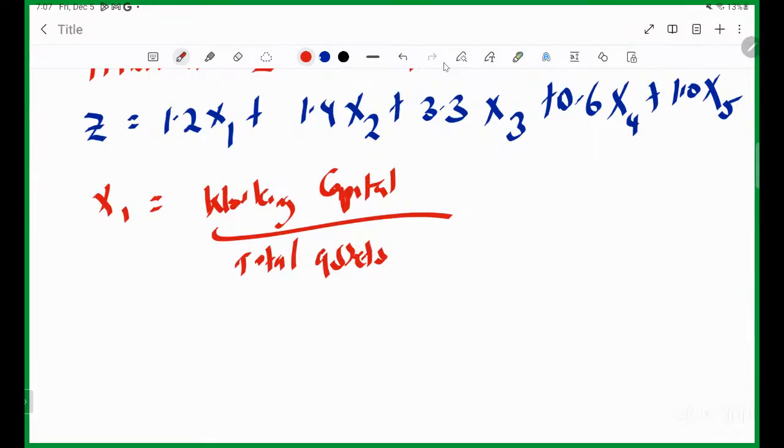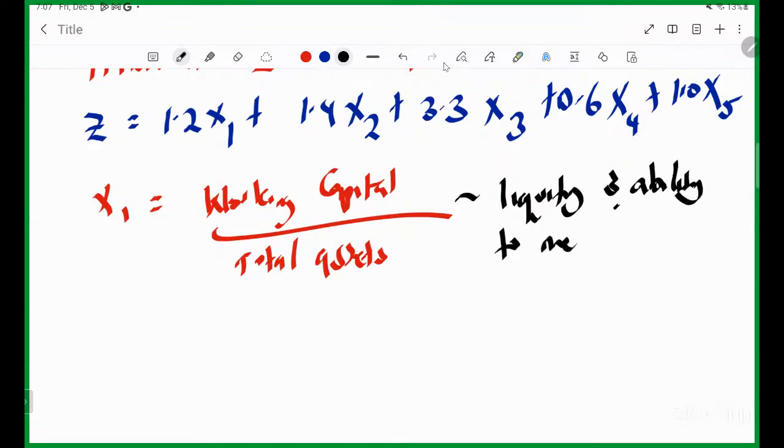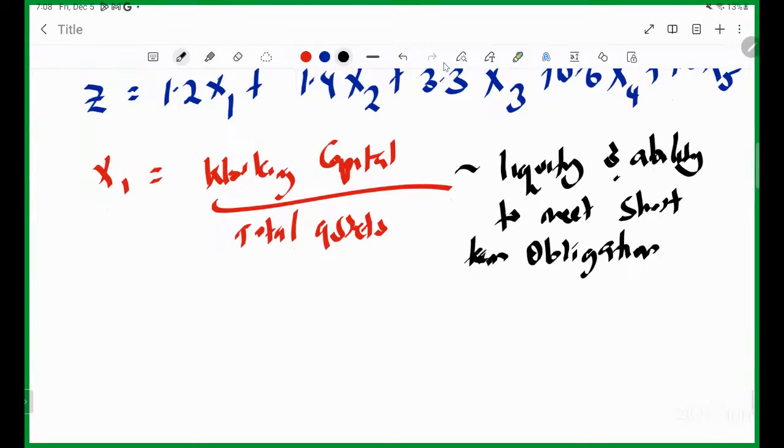What does X1 measure? It is going to measure the liquidity and the ability of the company to meet short-term obligations. For you to get X1, you're going to get your working capital.